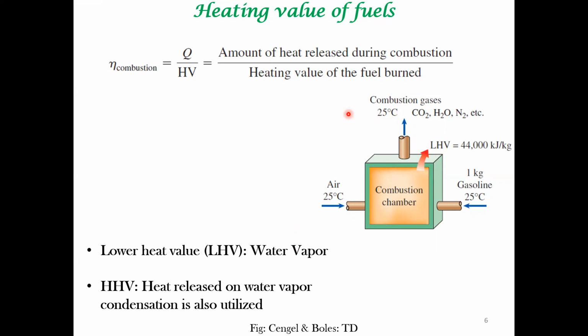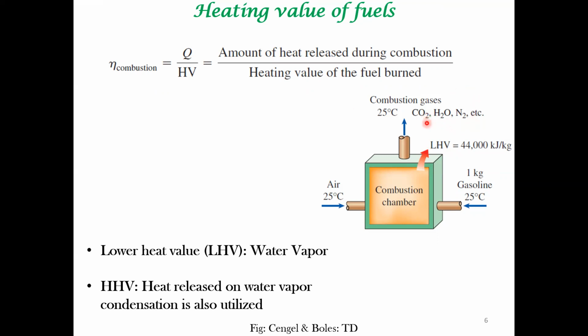However, if this water vapor can be condensed, when you form liquid water, there are bonds that are formed that will liberate some more heat. That can also be used for your particular purpose, though some more processing needs to be done.